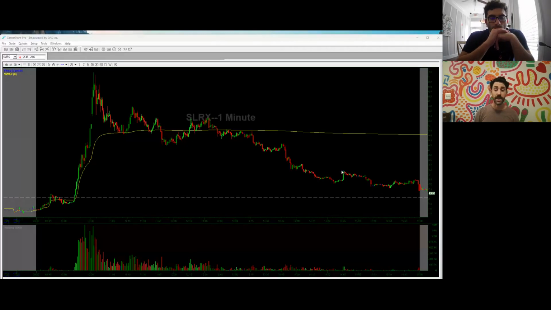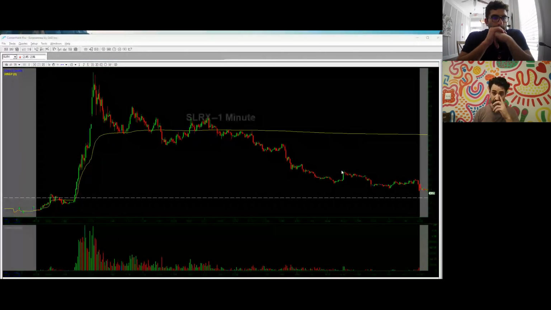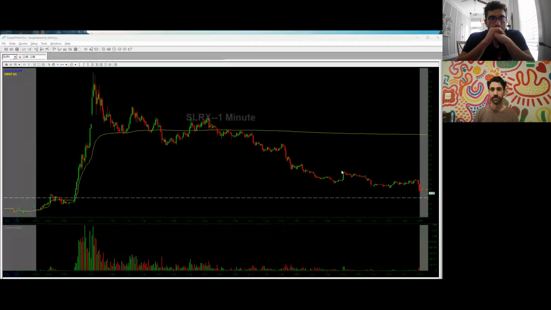But yes, if something is just long heavy, then if I could rephrase the last thing you said, you have a much higher chance that you'll get a long fade because you're gonna get longs bailing into pops.